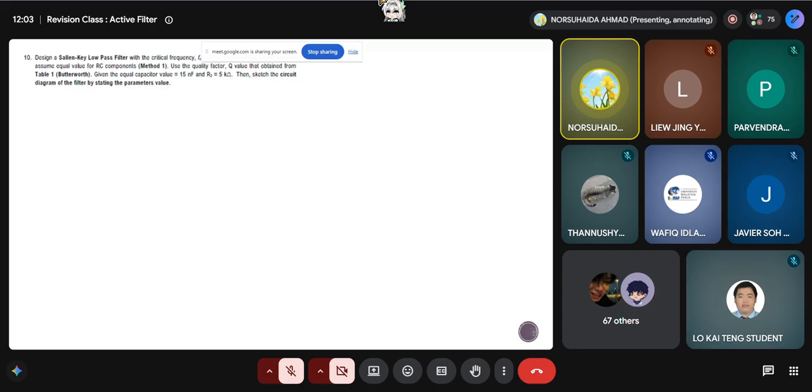Next, question number 10. Design a Sallen-Key low pass filter with the critical frequency FC equal to 8.51 kilohertz. Like I said just now, if you get the calculation question, first of all, extract the information given, because we want to suit with the provided equations. So which equations can be used to solve this question?